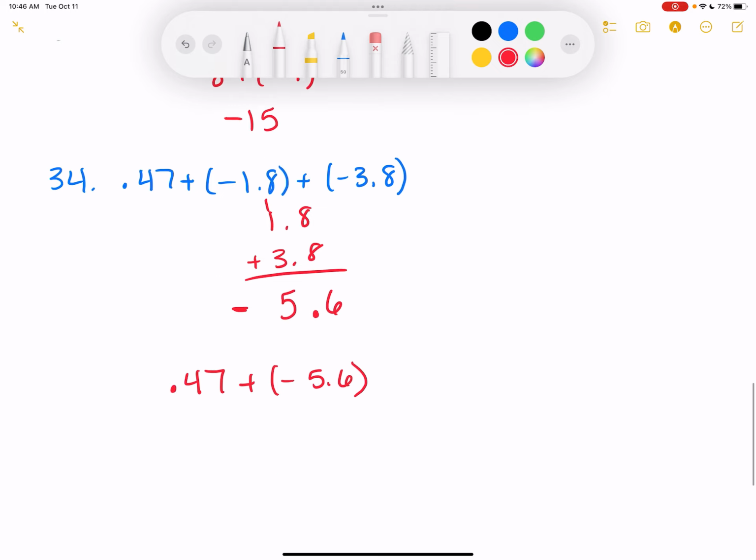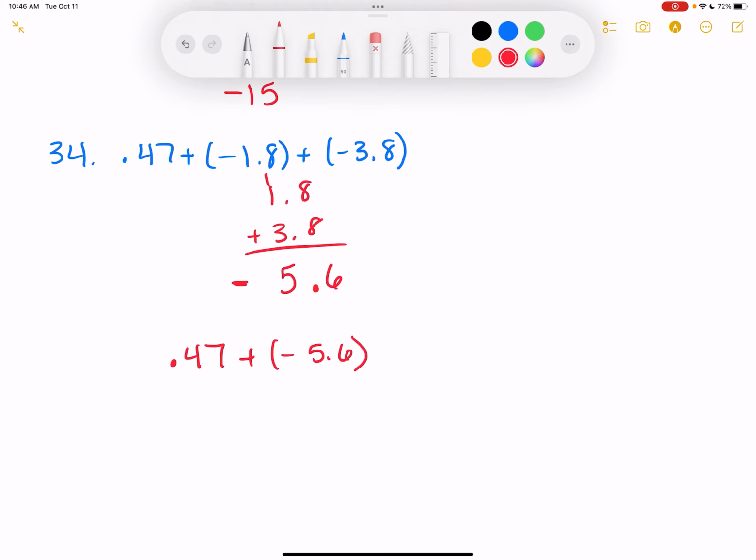So I'm going to have stacked up 5.6 minus 0.47. Okay, so the thing to remember with this is the decimal places have to line up when we're adding and subtracting. Because 5.6 doesn't have anything after it, I can just put a 0 there as a placeholder because I have to have something above the 7 there. So how would I proceed with this now?